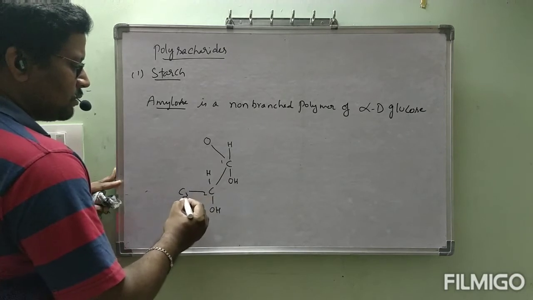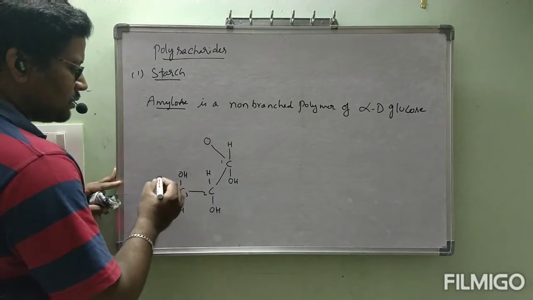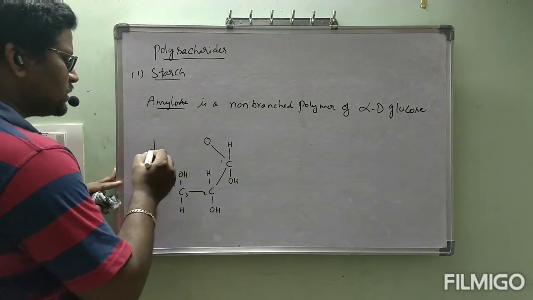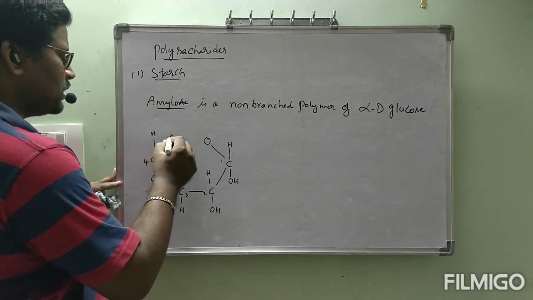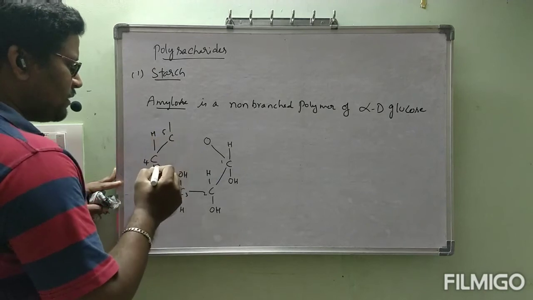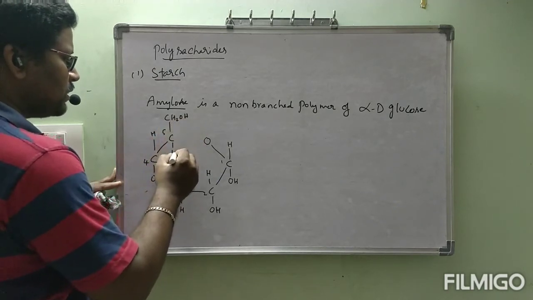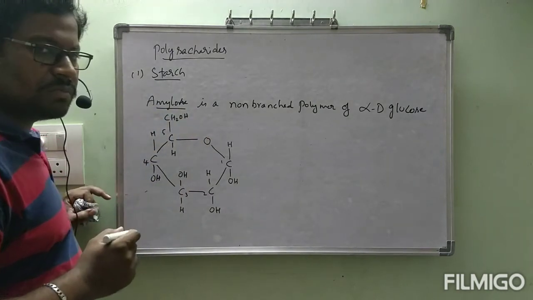C3, right side H above, OH. C4 contains right side OH, here H. Next C5, again above CH2OH, and here H, it is bonded to O. This is one glucose molecule.